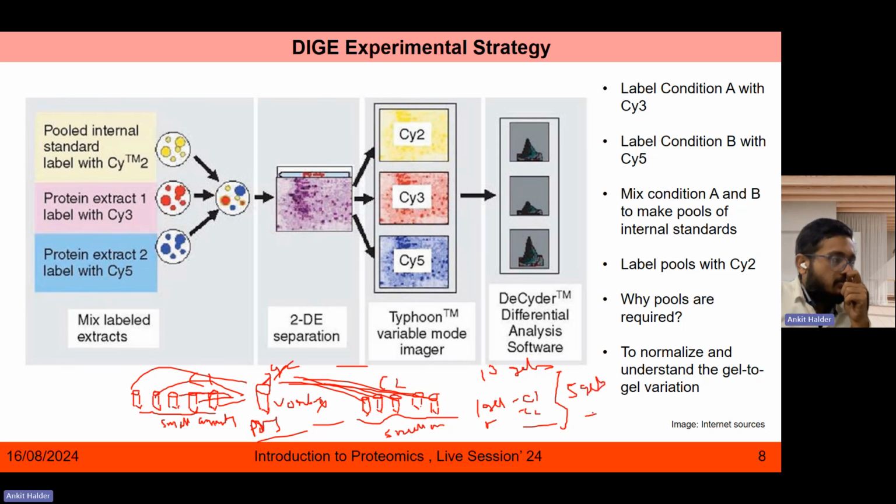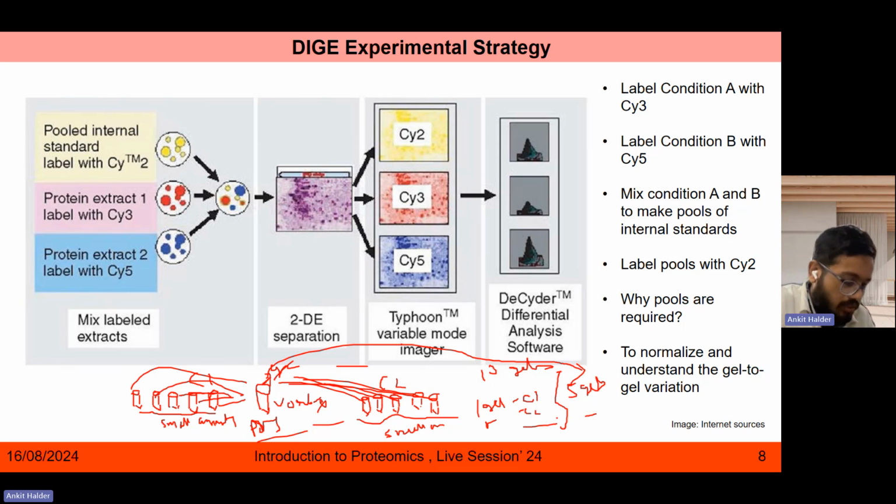And in all these 5 gels, this pool will be added. So there are 5 gels that we are running for analyzing 5 samples of 2 conditions each, that is 5 from condition 1 and 5 from condition 2. So now we are going to analyze through a particular Cy2 dye, that is the pool sample that we have made.